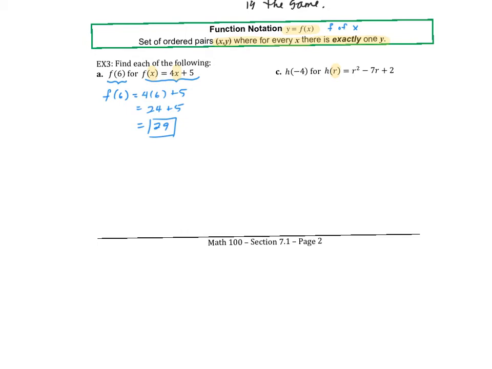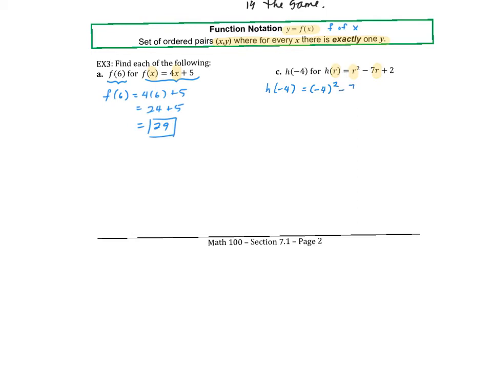It tells me wherever I see r, I replace r with -4. So be careful with negatives. h of -4 is going to be (-4) squared, but it's in parentheses. Since the -4 is the r value, it's included. So you're squaring -4, it's going to turn into a positive 16. If you don't have the parentheses on it, you might make the error of making it a -16.